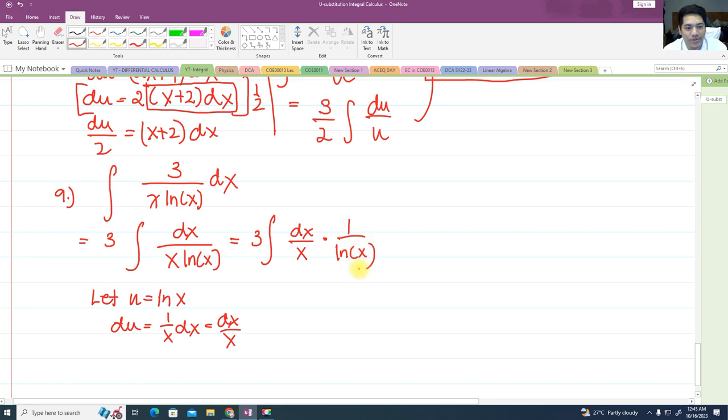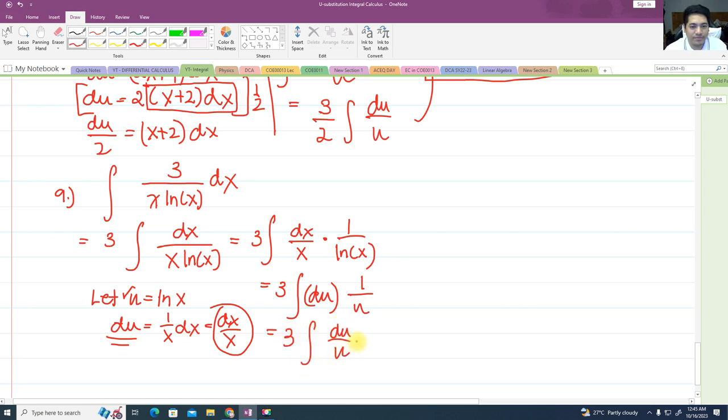Coincidence? No. So we can now substitute dx all over x. What is dx all over x? That's du. And what's ln of x? That is u. So that is 1 all over u. If you do that, we have du all over u.